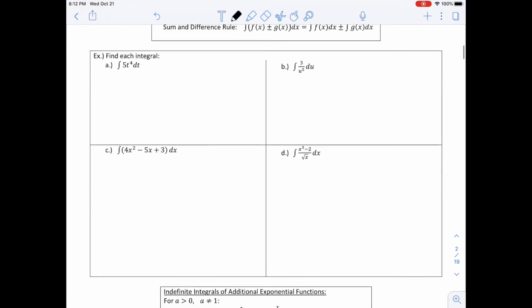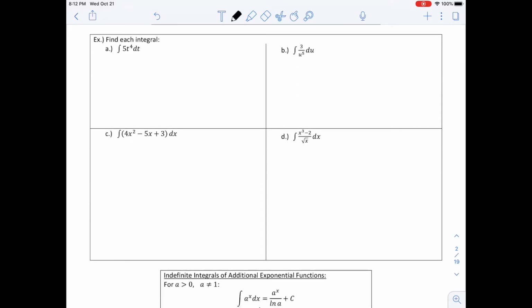So the next example that we have says find each integral. And so since we have a 5 on this one, we are able to move that out in front and say the integral of 5t to the 4th dt is equal to 5 times the integral of t to the 4th dt.